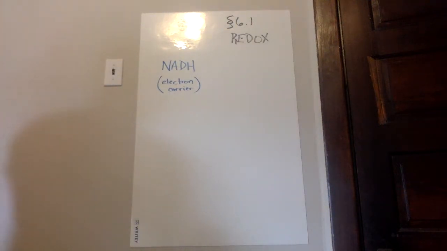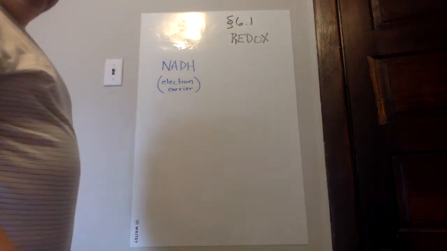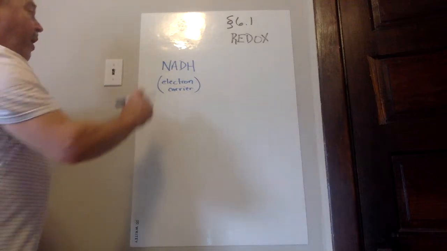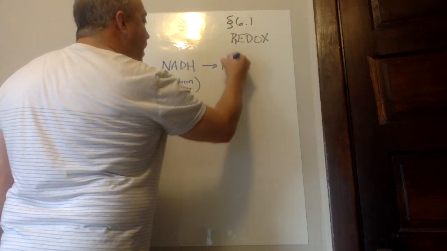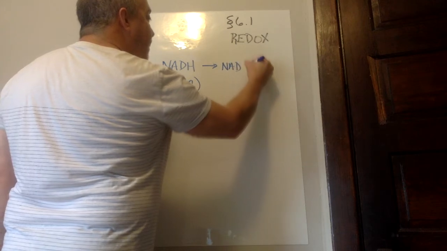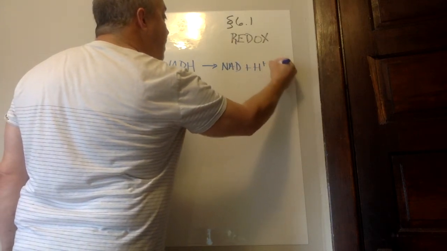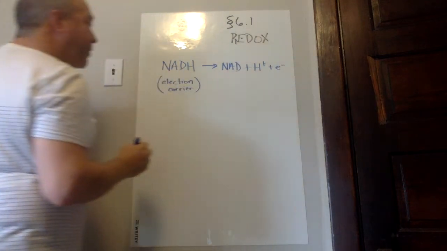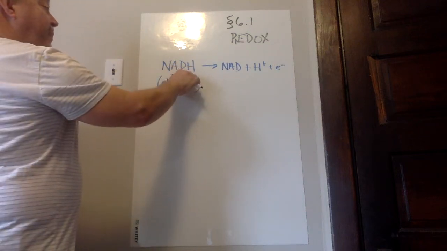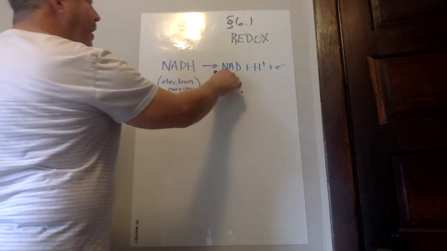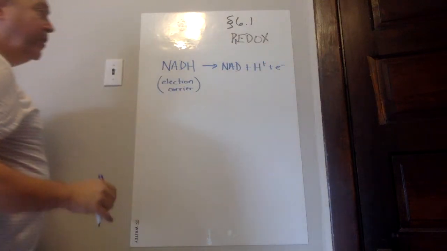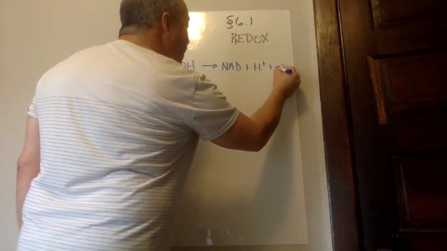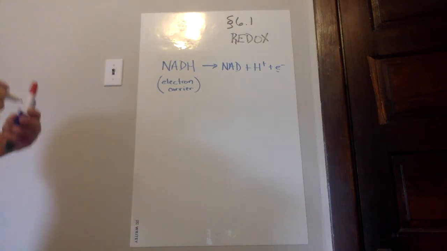And we're going to need this when we start to talk more in depth about cellular respiration. When NADH dissociates, it becomes a molecule called NAD plus hydrogen ions plus electrons. So we started with a substance that had hydrogen and it lost it. And now we see the dissociation of those two. Here's the electron that this molecule was carrying.